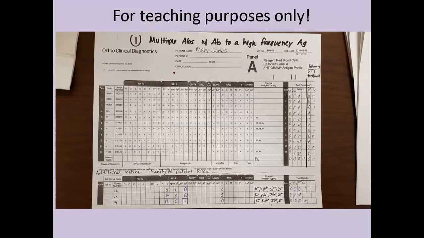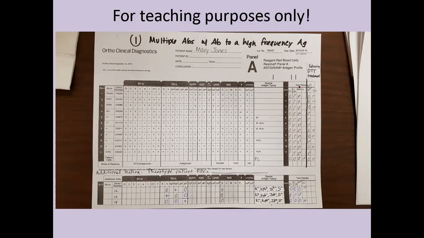When you look at this antigram to do the elimination process using the initial testing results, what do we have? We have all 11 panel cells reacting. So can I use any of these to help eliminate? No, I can't.